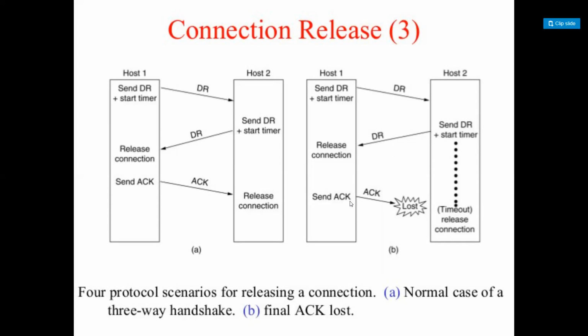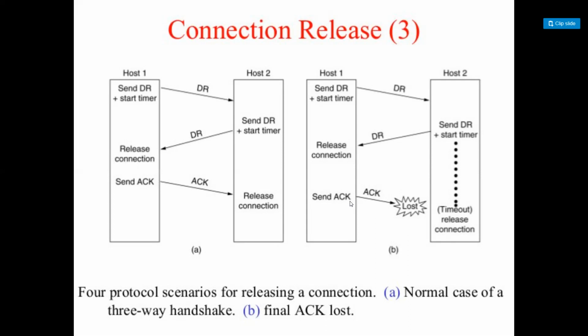Here we have two diagrams. The first one is a normal case of the three-way handshake method, with host 1 and host 2. Host 1 initially sends a DR, which means disconnection request. First, host 1 sends a disconnection request to host 2 and starts a timer.